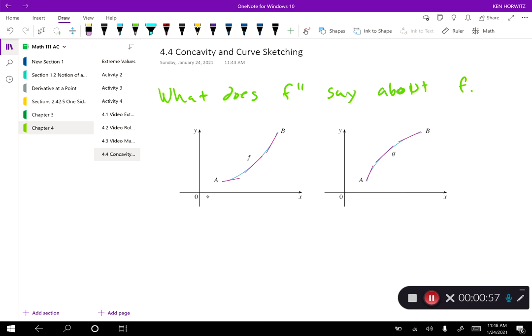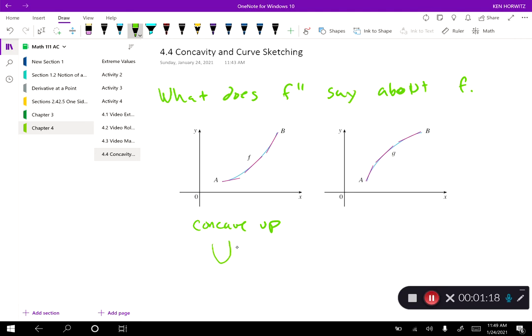Now notice, if my tangent lines are below my original curve, this is called concave up. We know it's concave up. The rhyme I use is concave up is like a cup.